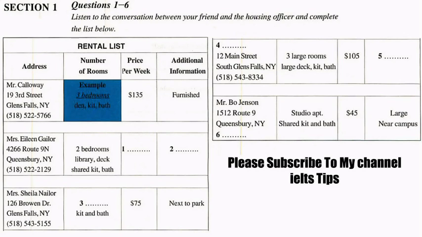But he's quite eccentric and he has a strict rule about no pets. How about cats? Nope, absolutely no pets. Well then, how about this studio apartment rented by Mr. Bo Jensen? How is that one? That ad is actually a bit deceptive. The studio apartment is the whole upper floor of an older house. It's actually very large and, at $45 a week, quite affordable. And it's near campus. I think I'd like to check that one out.